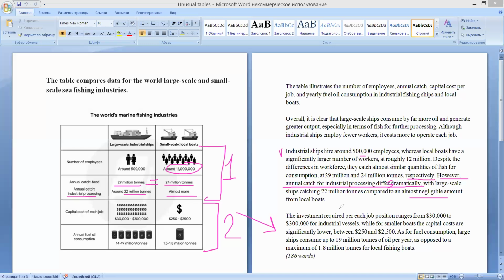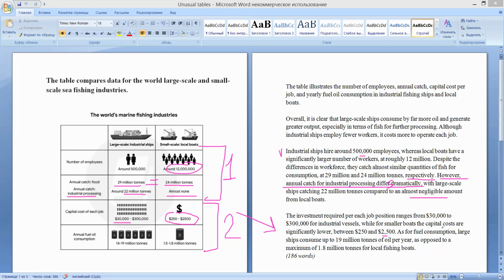The investment required per each job position ranges from 30,000 to 300,000 for industrial vessels, while for smaller boats, the capital costs are significantly lower, between $250 and $2,500. There's a comma here.